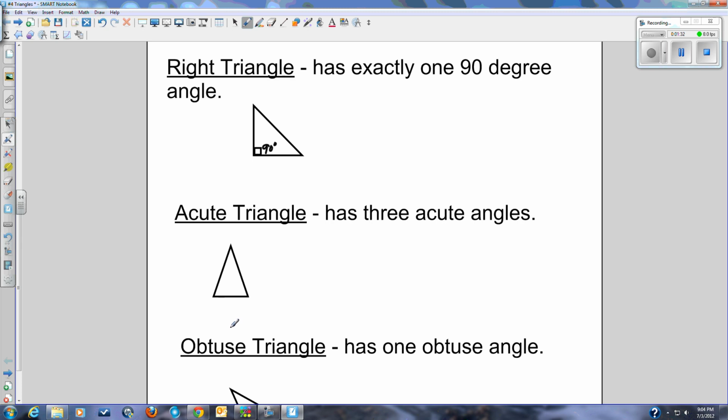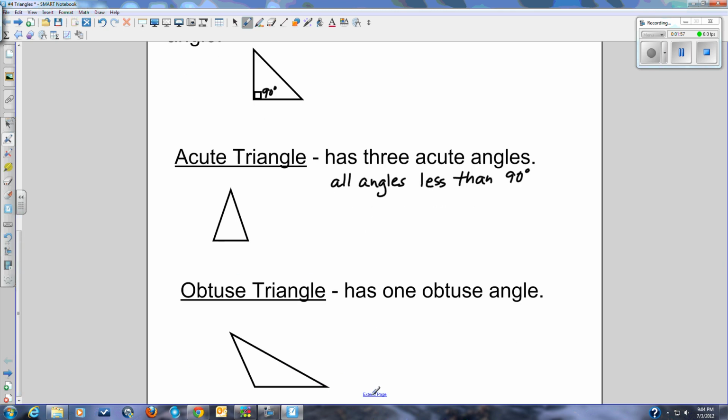Now remember, an acute angle is less than 90 degrees. So we're going to say all angles less than 90 degrees. Okay, so all of these angles here are less than 90.